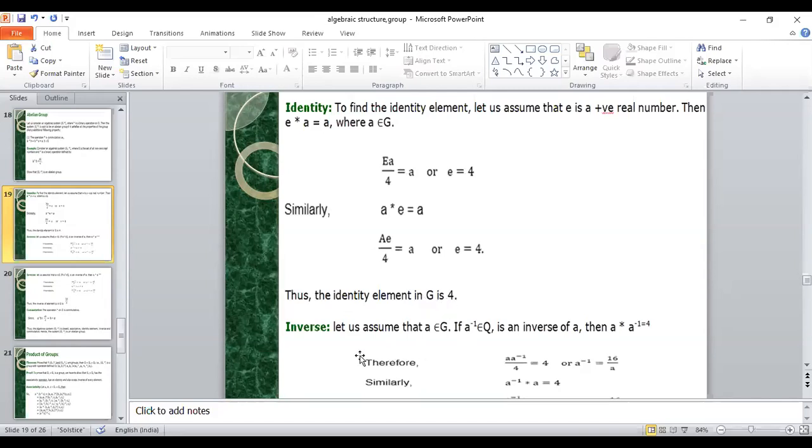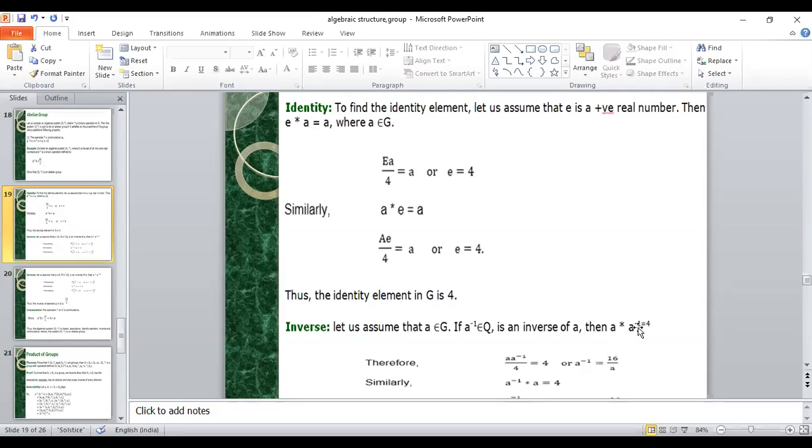Now the inverse element. Let us assume that a belongs to G. If a inverse belongs to G is an inverse of a, then a * a inverse is equal to 4. What is the inverse property? a * b is equal to the identity element, and here the identity element is 4.